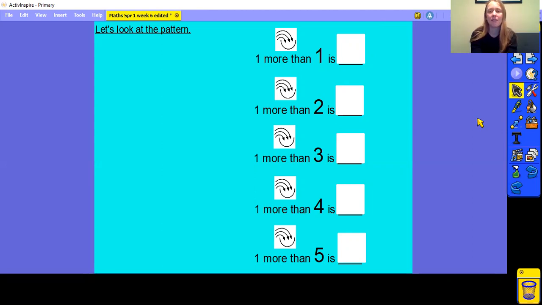Okay, now let's have a look at these together. So you will have used your 10 frame to help you. I'm not going to do that. I'm going to see if I can remember the answers, and you can shout it out at me as I say the sentence.